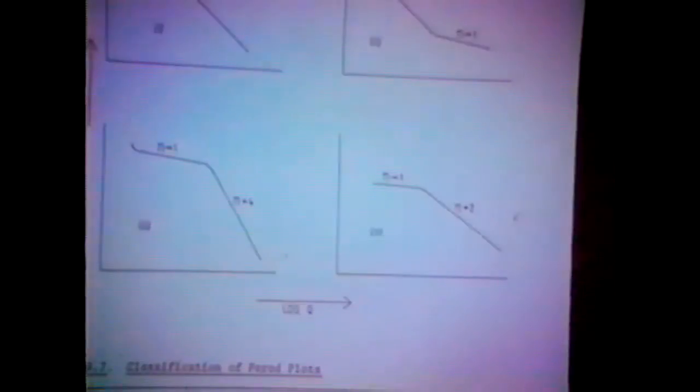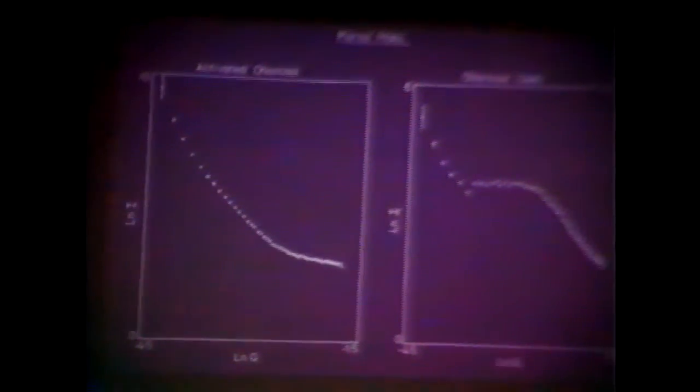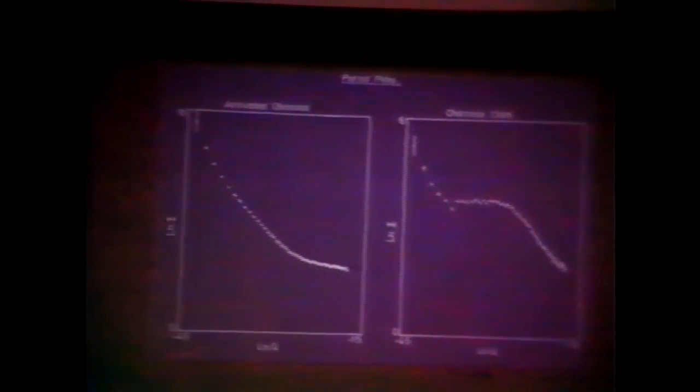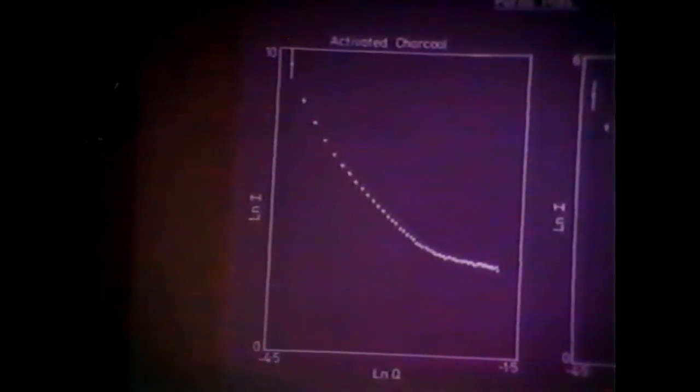One can classify Porod plots in relation to the sort of solid we're dealing with, and Ruth Williams did this with all sorts of different solids. So we know, usually by looking at the Porod plot, what we've got. Here we've got two of the worst examples possible for Porod behavior: activated charcoal and charcoal cloth.